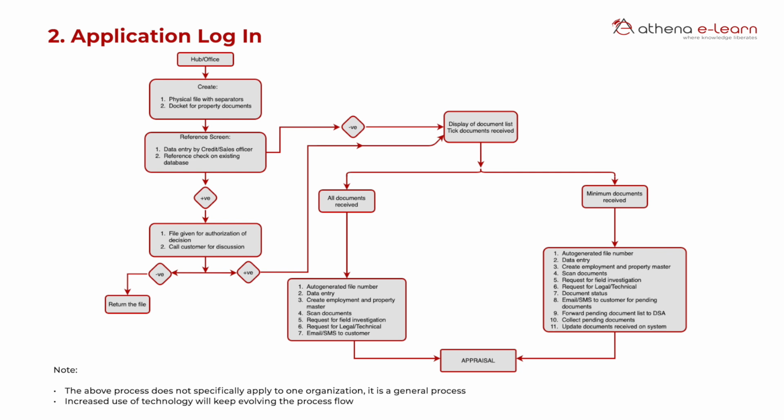An example of submitted later can be, for example, property documents, because you have not yet identified the property, or you have the property identified but you have not yet collected the documents from the developer, right? So now if that happens, those documents are not required to move the file forward at this stage. Of course they will be required at the time of disbursement, but not at this stage.